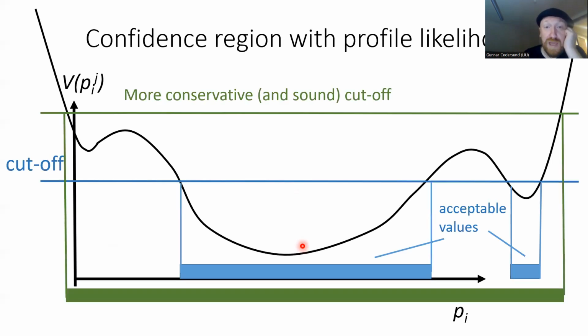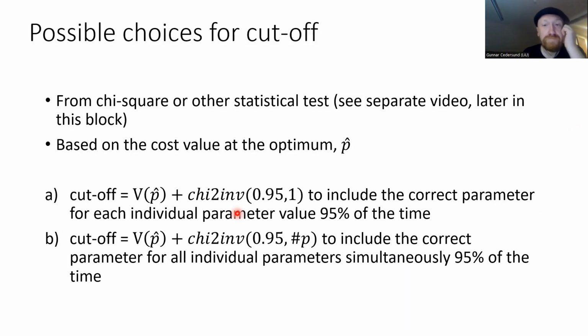The important thing is actually to look at this shape. Does it look like a U like this, or does it look flat? And is it very noisy and shaky and goes up and down across the cutoff, or is it a very nice curve? If it's a very nice curve and it looks like a U, then it is determined. And if it's a flat line, or if it goes up and down, then it's not well determined.